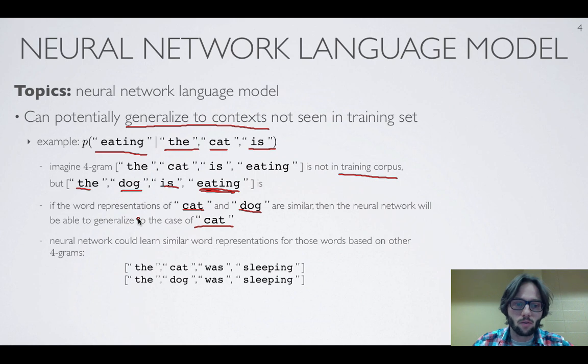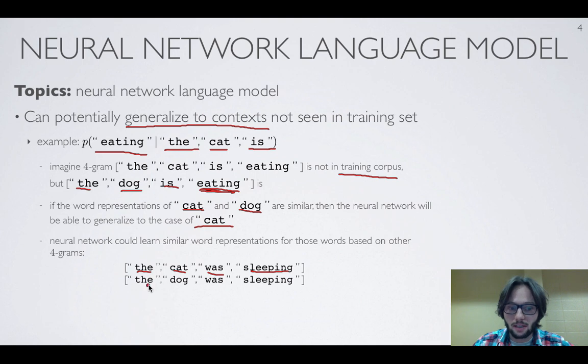Now, then you might ask, well, if the neural network in its training data hasn't seen "the cat is eating", but has seen "the dog is eating", why should it actually learn that cat and dog should have similar representations? Well, maybe in the training corpus, while it hasn't seen "the cat is eating", it actually has seen "the cat was sleeping".